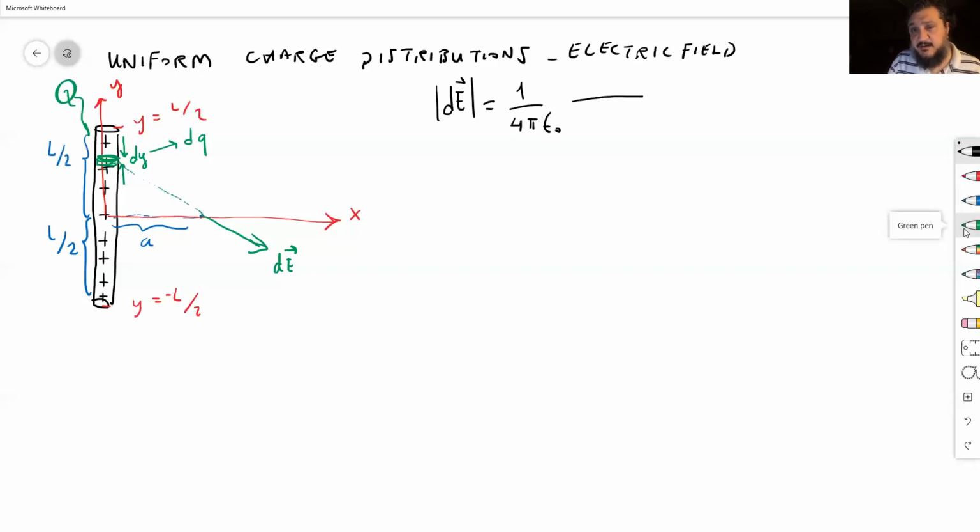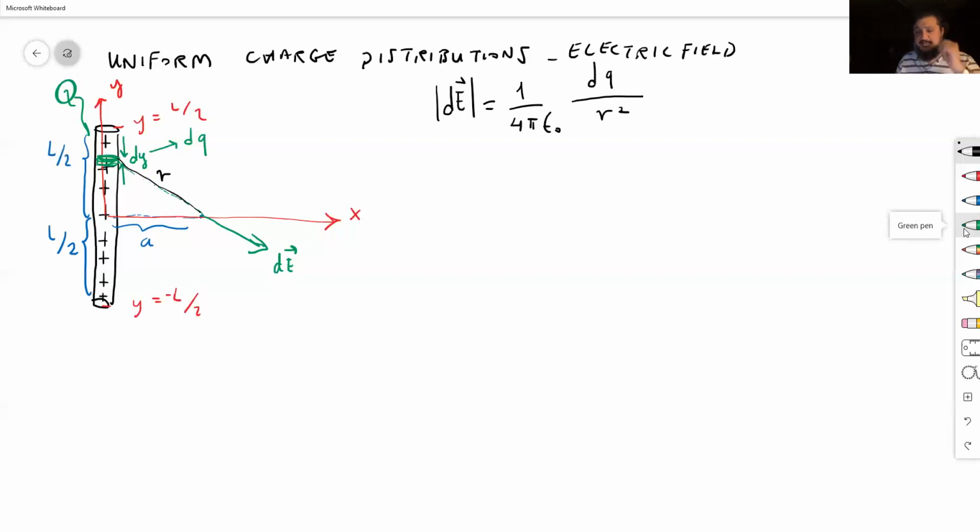In the denominator, I will need r squared. This is r from here to the observation point. R squared, okay? Not to be confused with the r in the previous picture. That was the position vector. If you're uncomfortable with the letter r, you can use something else, doesn't matter. I just called it r. In the numerator, I will have the source charge, which is just dq.